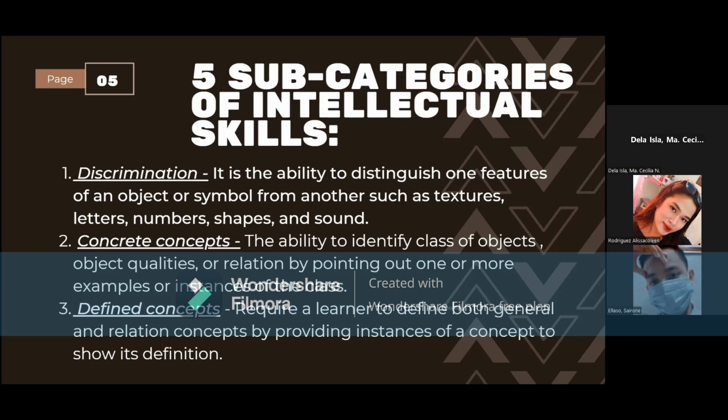This can often be used in educational settings to teach complex or abstract concepts. For example, a teacher may define the concept of democracy through a set of key characteristics such as freedom of speech, equal representation, and the rule of law. Next slide, please.